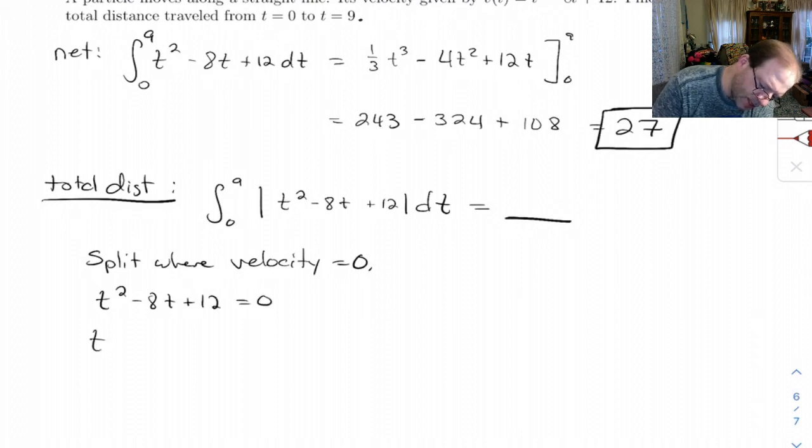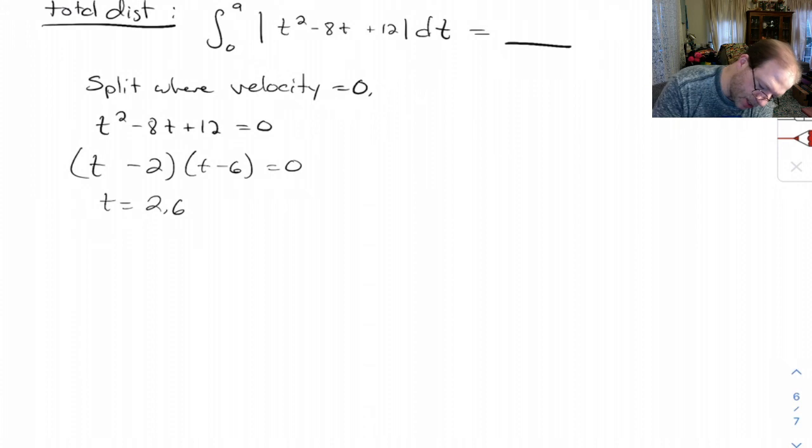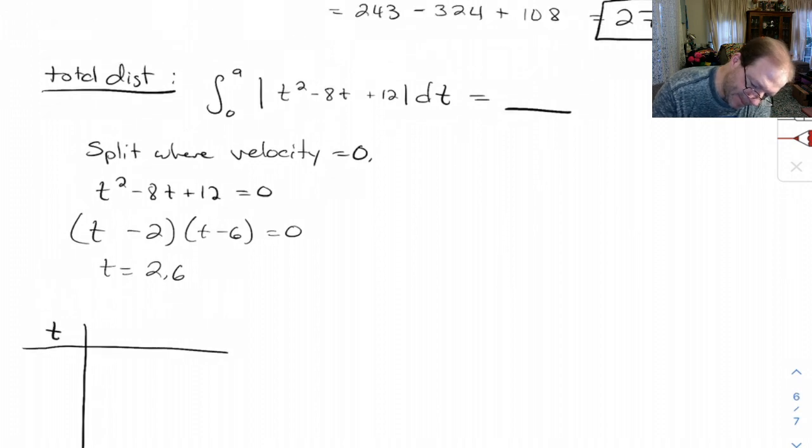All right, this gives me t minus 2, t minus 6. So I'm going to split at 6 and 2. Well, let me just write this first.